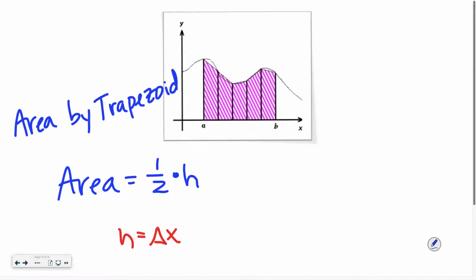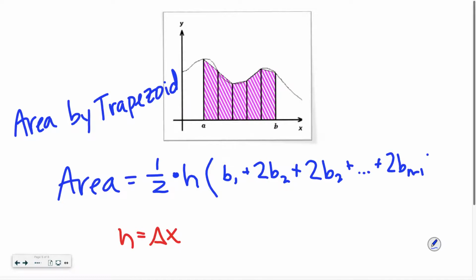And then since we're summing up trapezoids that share bases, you would want base 1 plus 2 of the second base plus 2 of the third base, all the way up until only 1 of your last base. Any base in the middle, we have 2 of, but then we only have 1 of each of the bases on the end points.